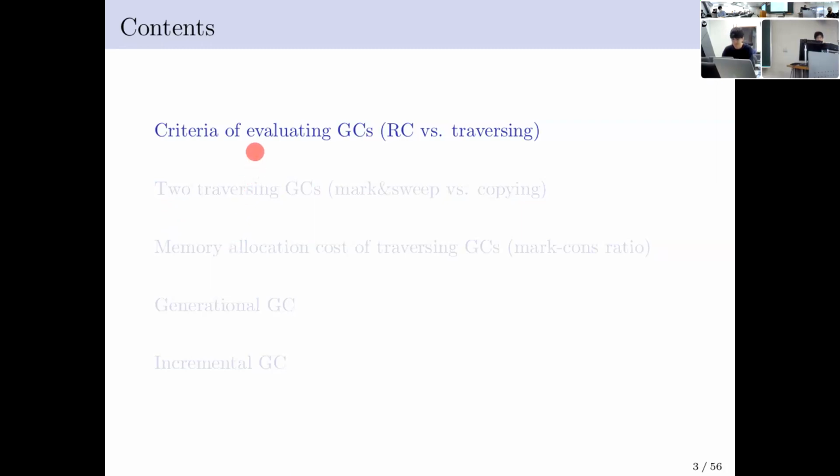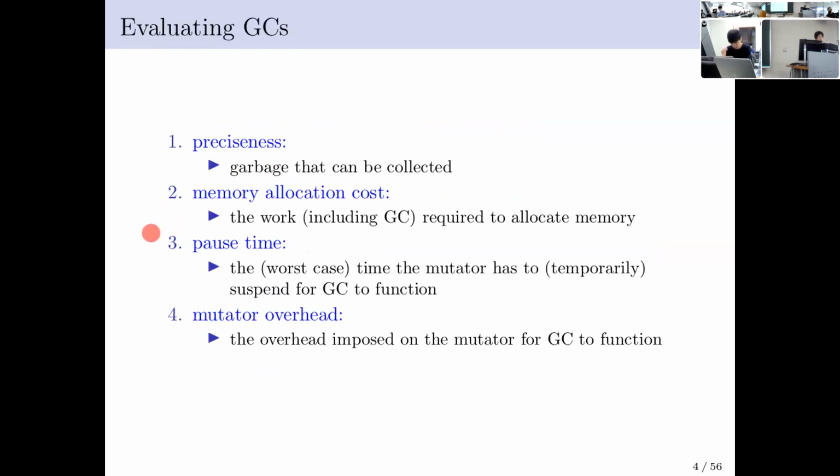First of all, the criteria for evaluating garbage collection. This is not, of course, an exhaustive list of criteria with which we evaluate garbage collection, but broadly speaking there are the following four criteria.